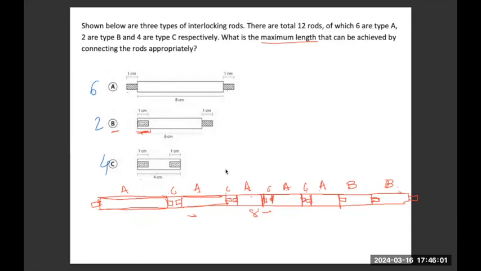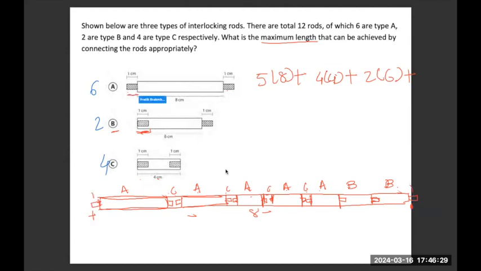So A has 1, 2, 3, 4, 5 rods. So 5 multiplied by 8, plus C has 4 rods, 1, 2, 3, 4. We are utilizing all 4 of C. 4 multiplied by 4, plus B has 2 parts to it. So 2 multiplied by 6, plus 1 centimeter here and then 1 centimeter here.